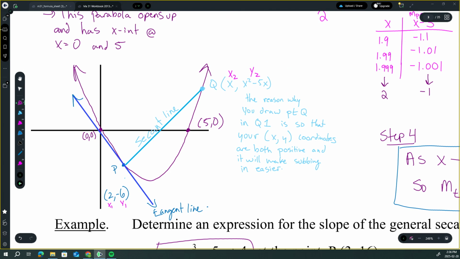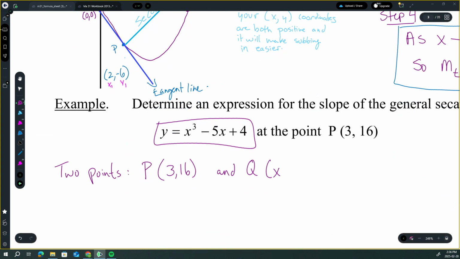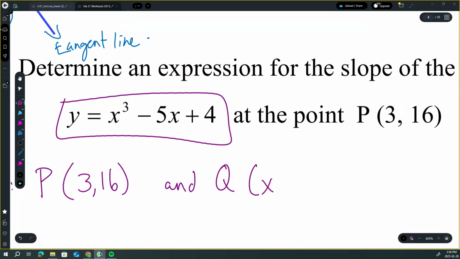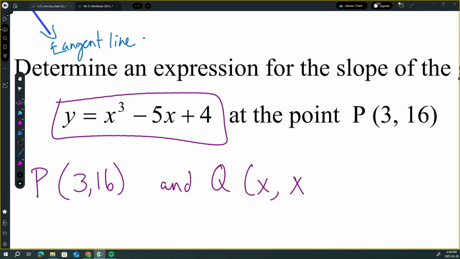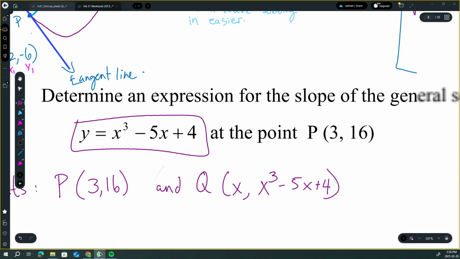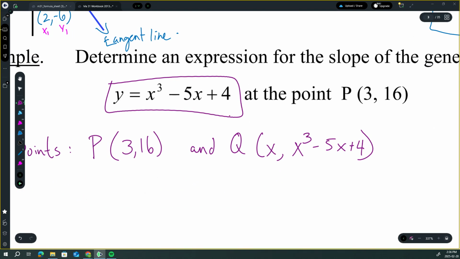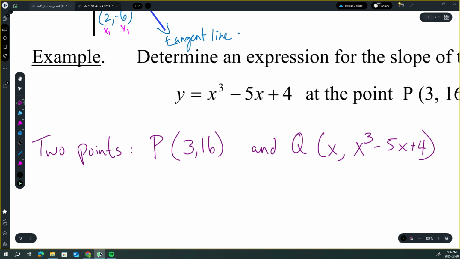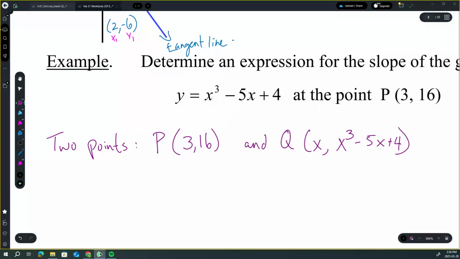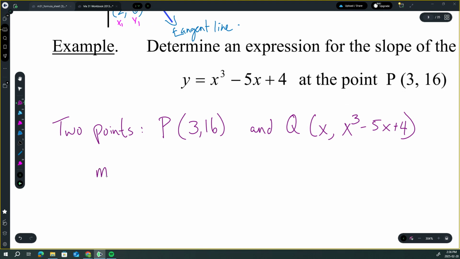So similarly to how we did the previous question, the coordinates for point Q are going to be x, and then the y coordinate will be the equation that we're given here. There we go. So finding that secant slope.